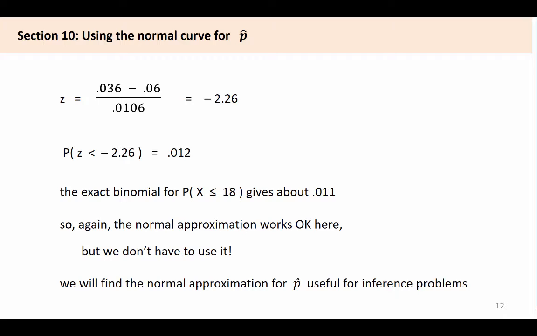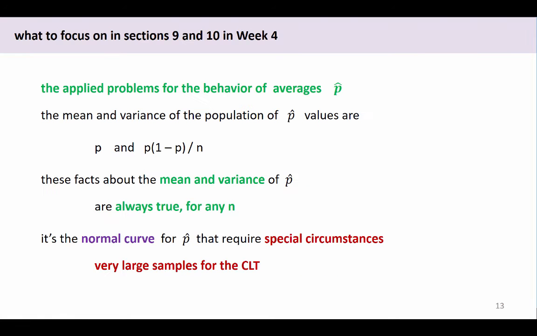The exact binomial gives, for x less than or equal to 18, about 0.011. So yeah, the normal approximation works here. You still don't have to use it. And we're going to find the normal approximation for p hat useful for doing inference problems. So that's more important than the approximation for counts.